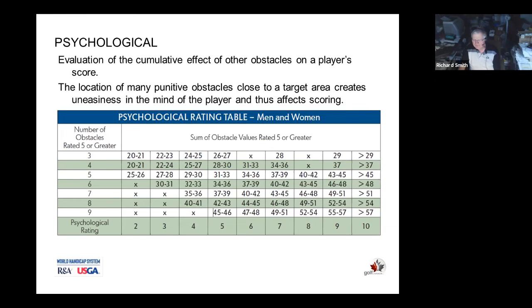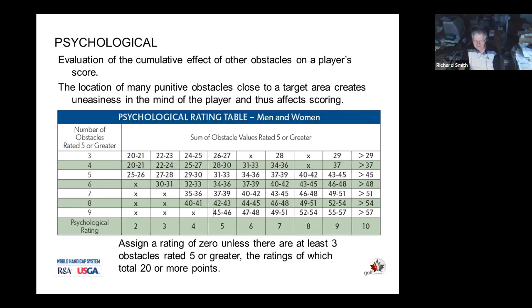They said no, that's gone. Okay, so here's what happens. Rating of 0 unless there are at least 3 obstacles rated 5 or greater and they total 20 or more points. So here you got the number of 5 or greaters. Here are the sums.